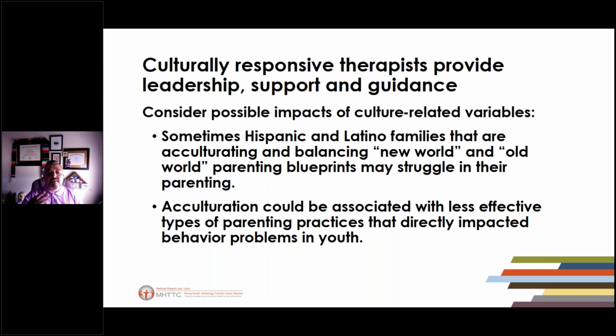But usually we see that when parents have immigrated to this country and they also have teenagers, sometimes the parenting may be less inclusive and less structured, given that they didn't have a lot of the risk factors that we have in our country here in the United States, in their home country. And so we just have to really assess that. And I think that's it for this slide.